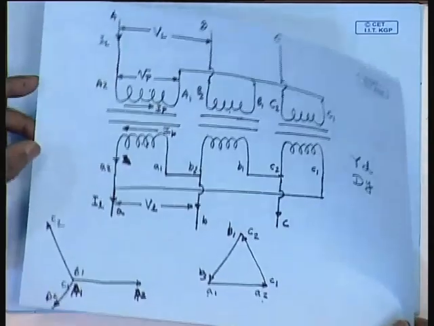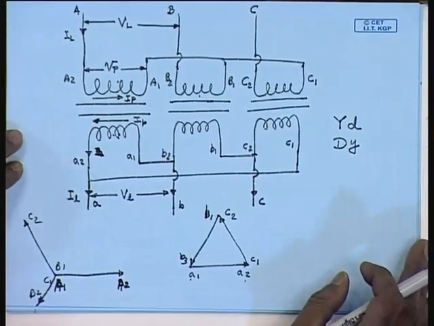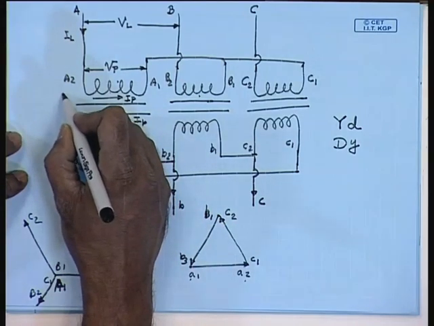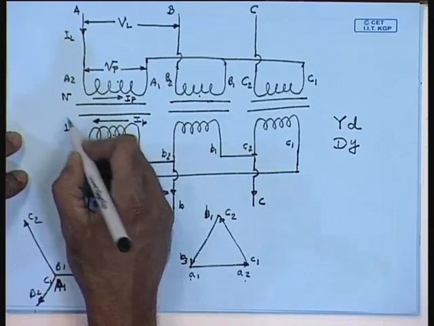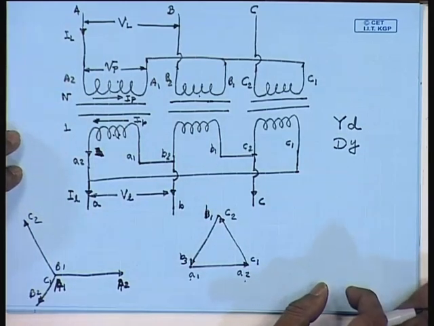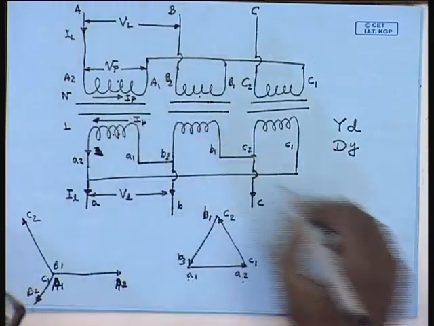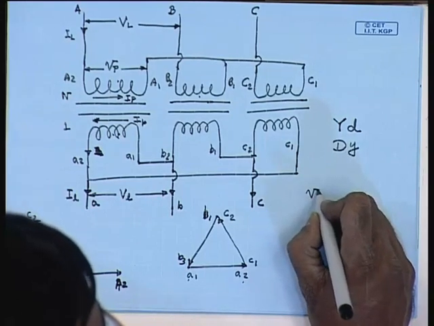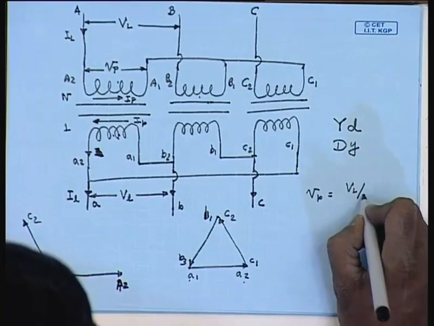Now, let us look at the phase voltage, line voltage, phase current and line current transformation ratio. For that, let us assume that the high voltage side has n number of turns and the low voltage side 1. So, this is an n is to 1 transformer, in which case we see that on the high voltage side the phase voltage V_p equals the line voltage V_L by root 3.